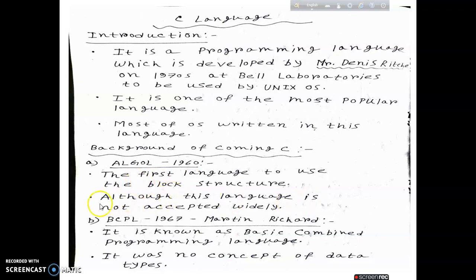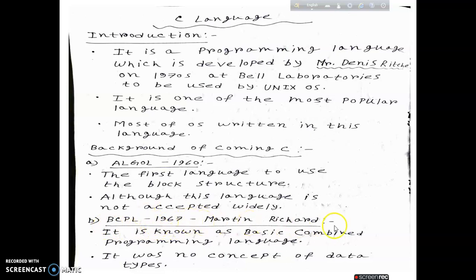Although this language was not widely accepted, unfortunately Algol was not accepted by the world. The next language is BCPL, in the year 1967.